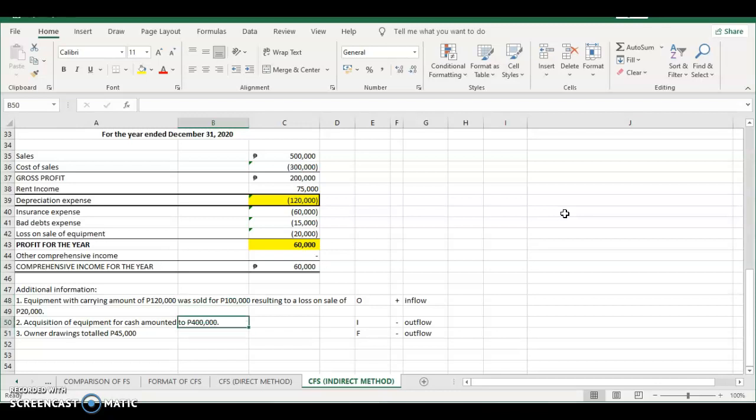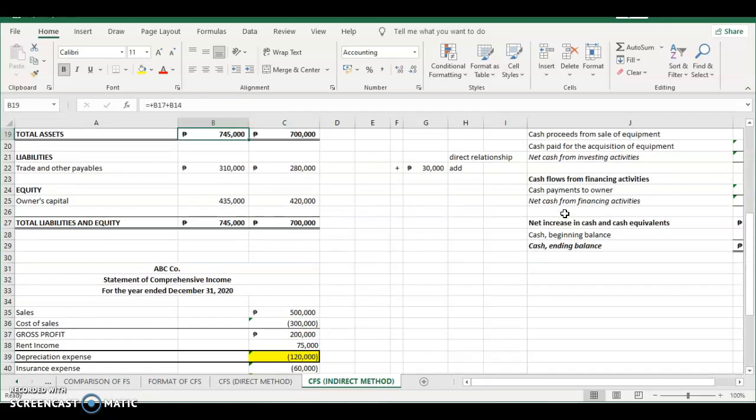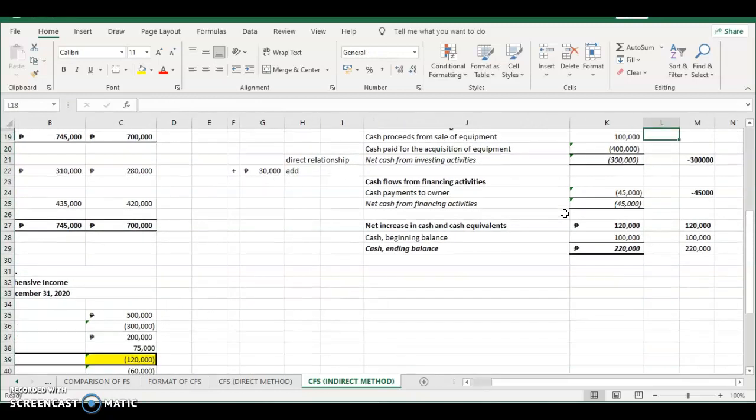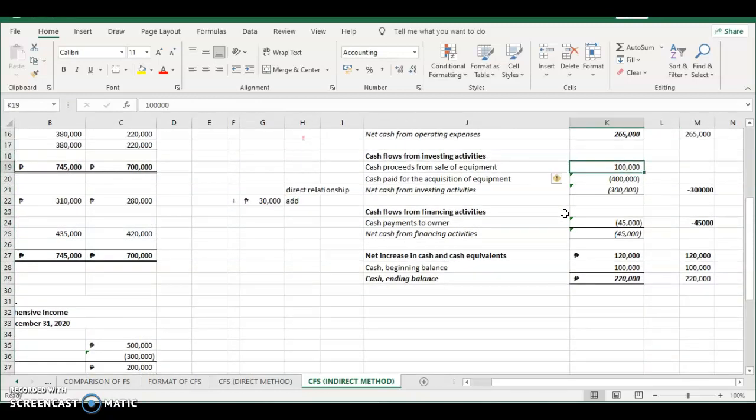Tas dito, 400,000. Okay? So, of course, that is negative 300. Ma'am, paano nakuha yung negative? Kasi negative 400 ito, tapos 100,000 ito. So, there is a difference of 300,000.